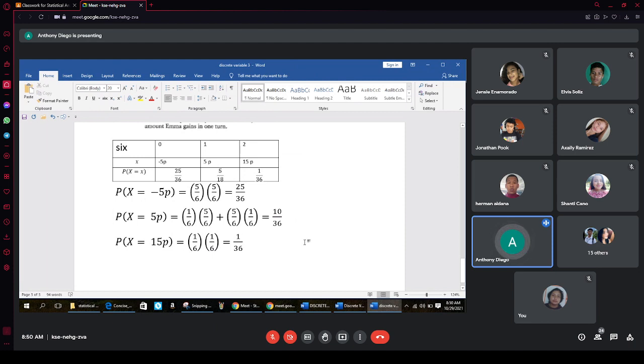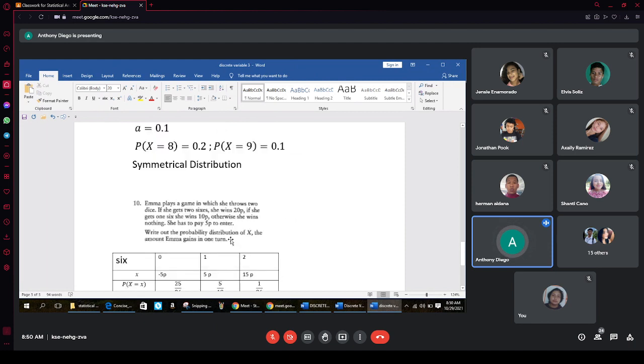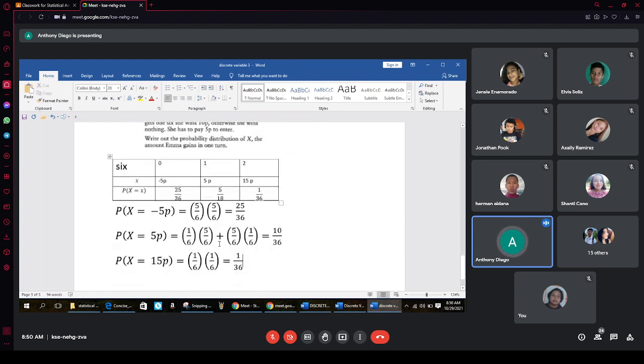Because remember, they want us to write out, it said here, write out the probability distribution of X, the amount Emma gains in one show. So these are her gains: 0 if she doesn't get a 6, -5 to lose the money that you paid.